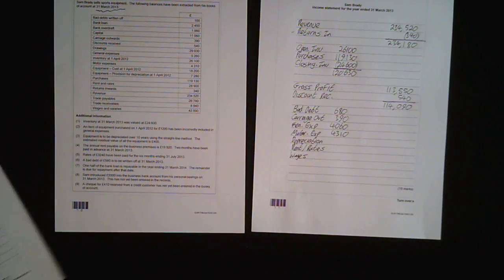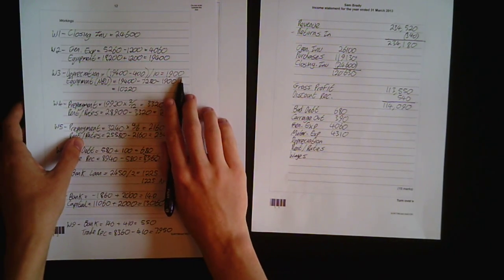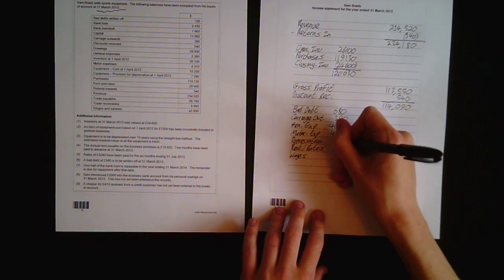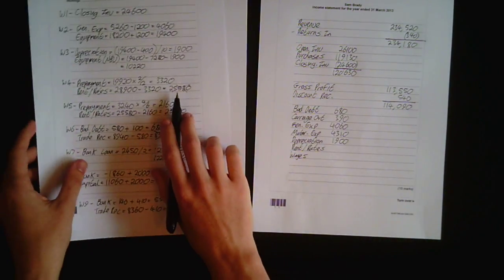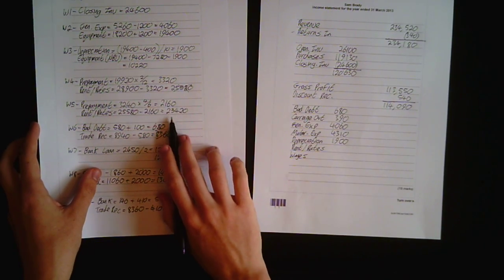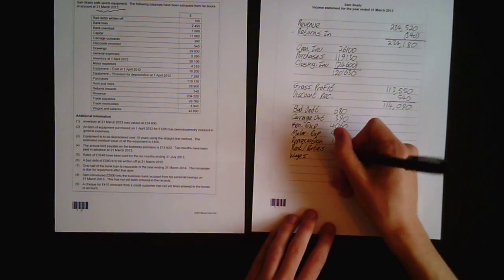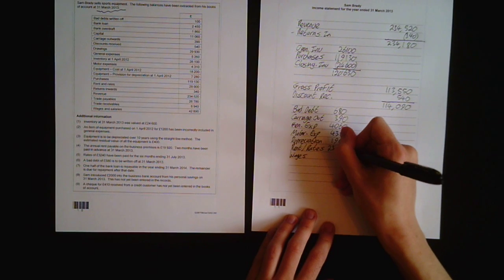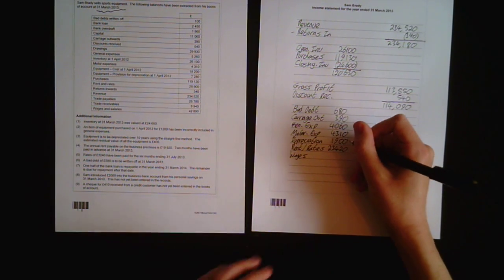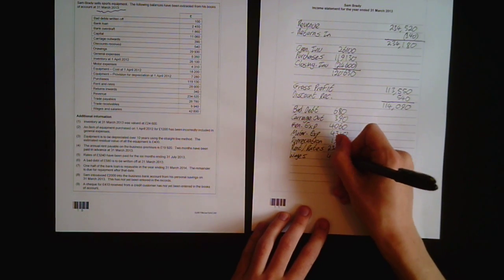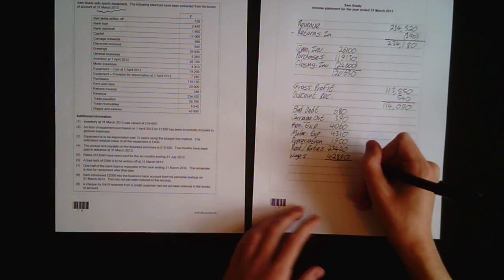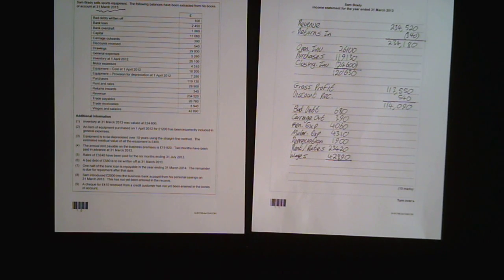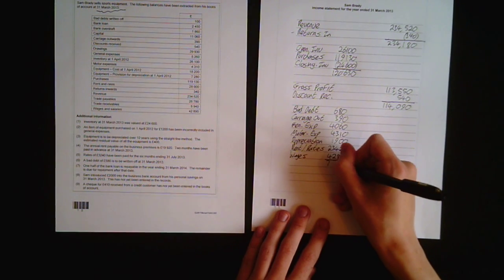Depreciation we calculated per year to be 1,900. Rent and rates we first calculated to be 25,580, but then we adjusted it to £23,420. And wages is 42,890. That's at the bottom of all the balances they give you. And our total expenses comes to 77,650.